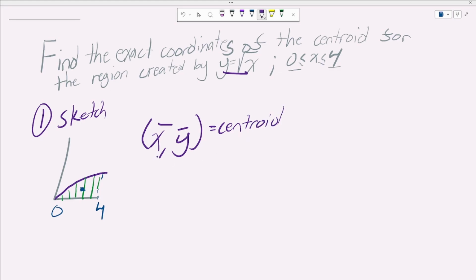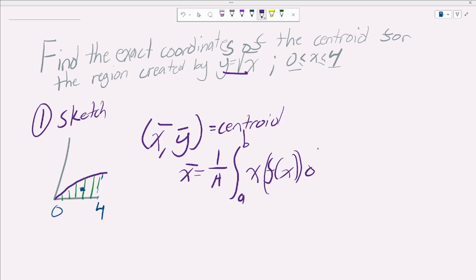Both of these, x bar and y bar, have their own little expression. So x bar is going to be equal to 1 over A, and we'll get to what A is later, 1 over A of the integral going from a to b of x times our function f of x, so let's put that in parentheses, and then dx.